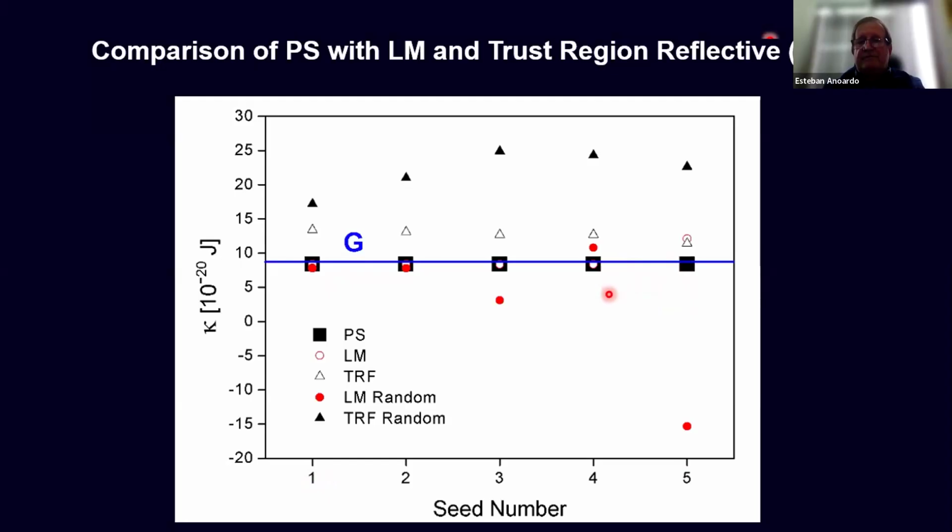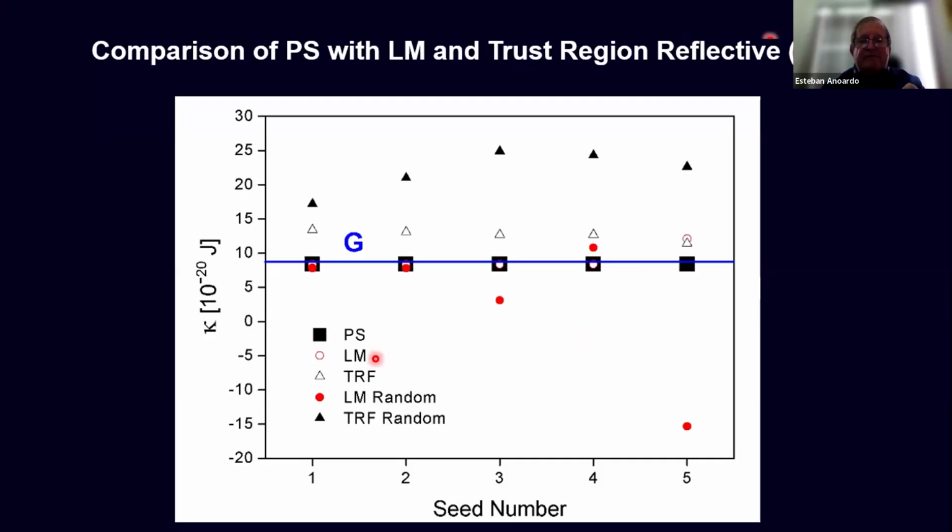This is an extremely important point. And Belén will talk a little bit about the difference between a global solution and a local solution. But if you have a local solution with different seeds, and you always have convergence to the same point, then you can assume that you have a global solution.